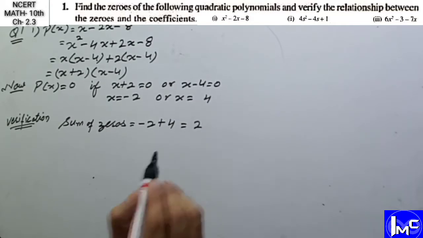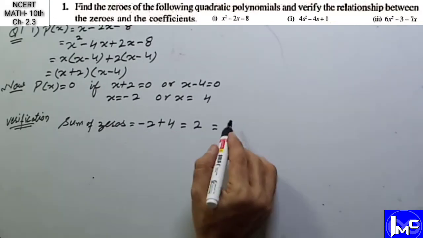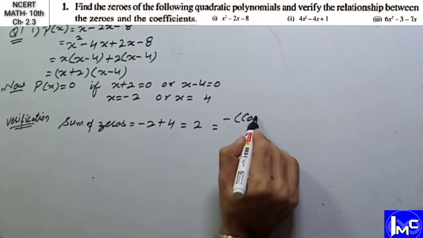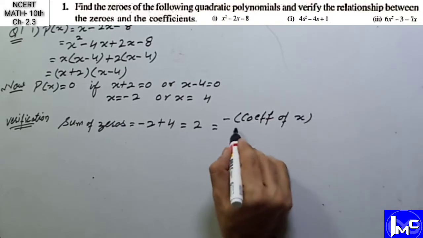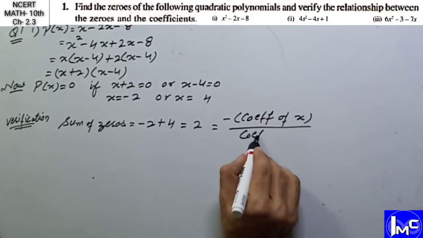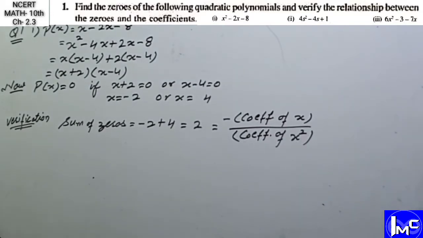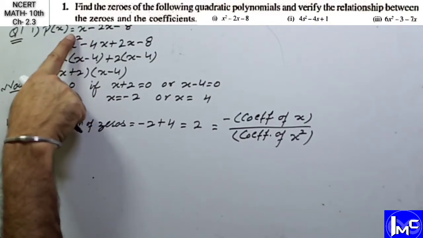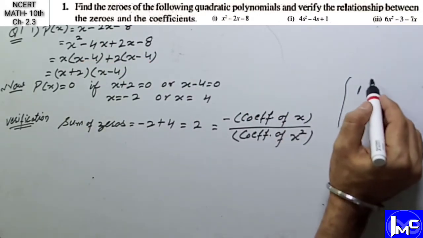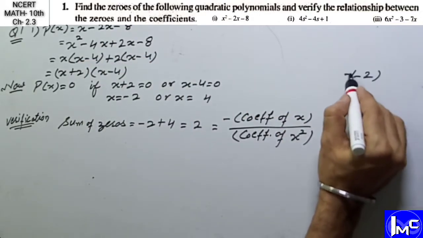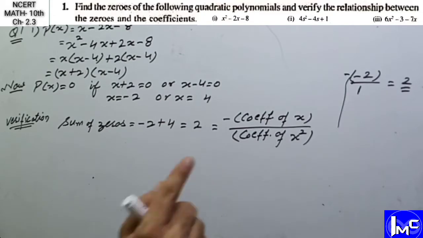It will be plus 2, and if you note, it is minus coefficient of x over coefficient of x square. You can check, the coefficient of x square is 1 and the coefficient of x is minus 2, and if we divide we will get 2, that is the same as the number.